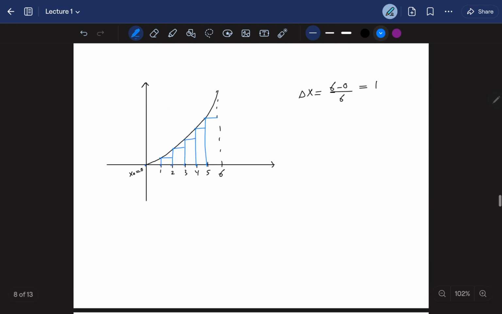And then to find the area, this is just L of 6, which is the summation of f of x sub i minus 1 times delta x, which is just 1, i equals 1, and this is my n, so up to 6. So this is just f of 0 times 1 plus all of these.